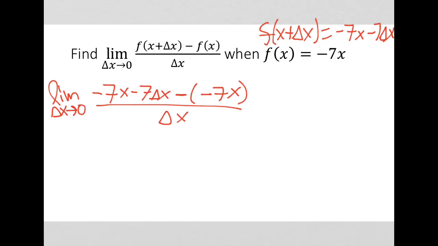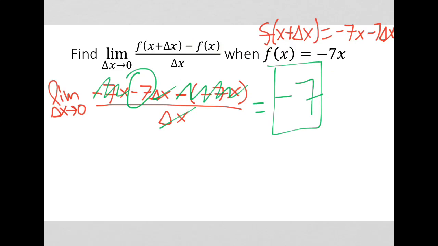So let's do another problem now. Same idea. We are taking the limit as delta x approaches 0 of this linear function. So this time, notice we have a negative 7x, and a minus negative 7x gives us a positive 7x. And so I'm left with negative 7 delta x over delta x, and of course those delta x's will cancel out. So I will be left with negative 7.